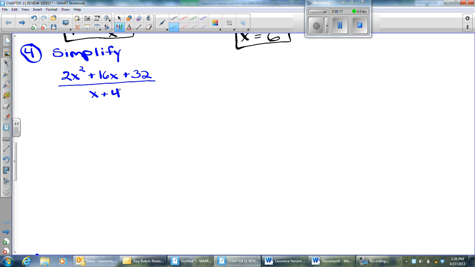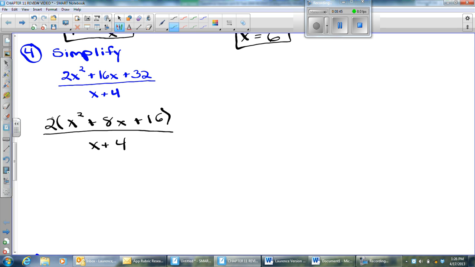So in the numerator, I see that every term can be divided by 2. So I'm going to factor out a 2. I'll be left with x squared plus 8x plus 16 over x plus 4.